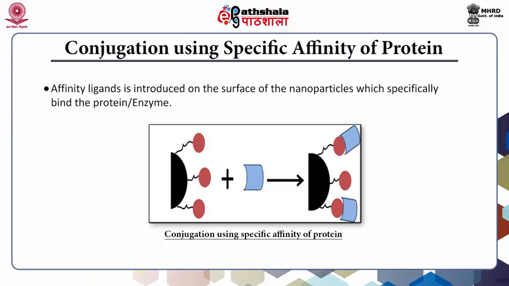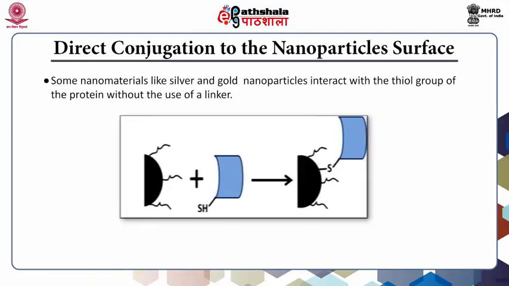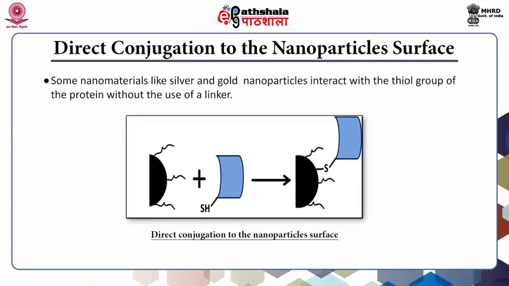An affinity ligand which is specific to the protein of interest is attached to the surface of nanomaterial and it specifically binds to that protein only. Some nanomaterials like silver and gold nanoparticles interact with the thiol group of protein without the use of any linker.